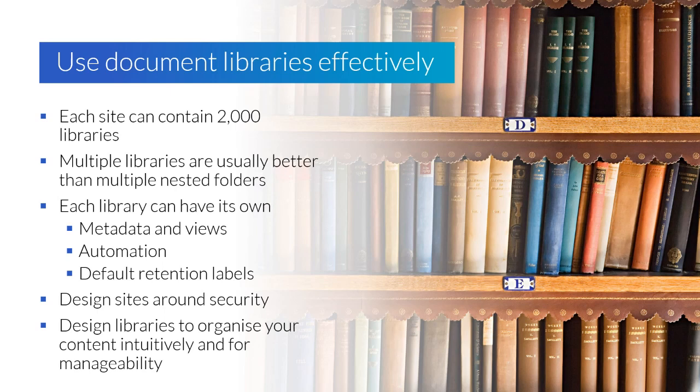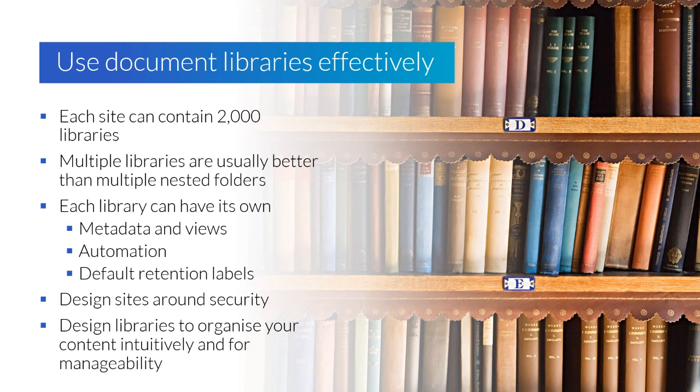And the reason for that is each library can be configured differently. So we can set a different default retention label on each library. For example, in a finance site, if you've got a library for invoices and a library for accounts payable, whatever it might be, you can set different labels on both of those locations and have them managed accordingly.